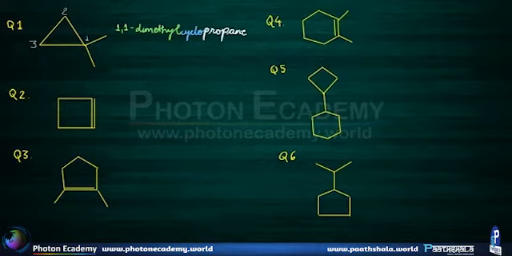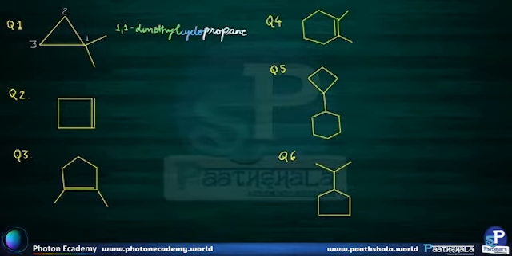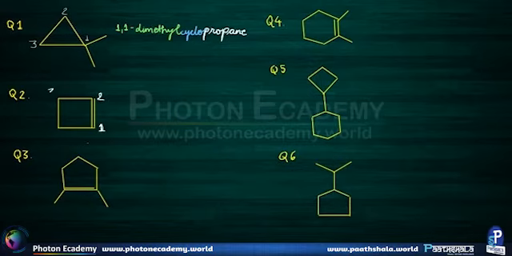In question number 2, the numbering will start from this carbon atom because according to the lowest locant rule, firstly, alkenes should get the smallest locant. So, numbering will be done in the following way. This carbon is the first carbon atom. This carbon is the second carbon atom, then third and fourth. As there are 4 carbon atoms in this compound, the word root is but, and the primary suffix will be 1-ene because on carbon number 1 there is a double bond.